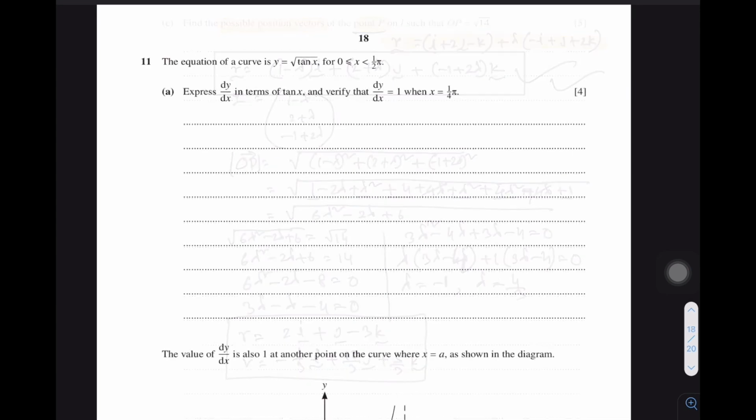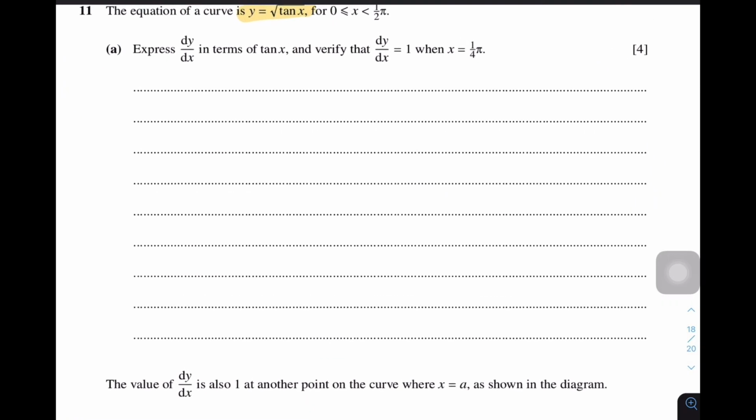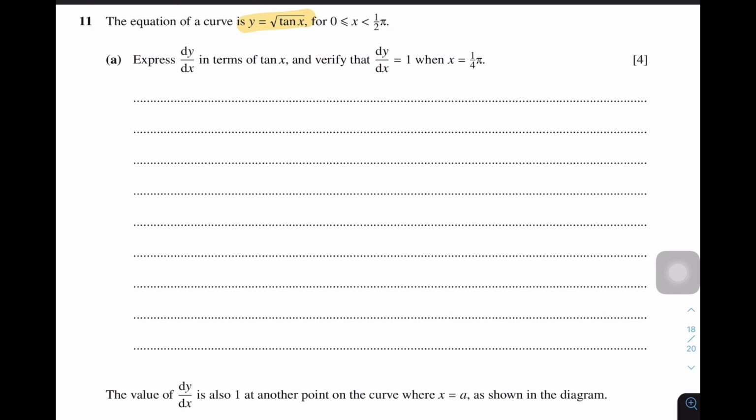The equation of the curve y equals to root over tan x. Express dy dx in terms of tan x and verify that dy dx equals to 1 when x equals to 1 by 4 pi. We know simple differentiation.